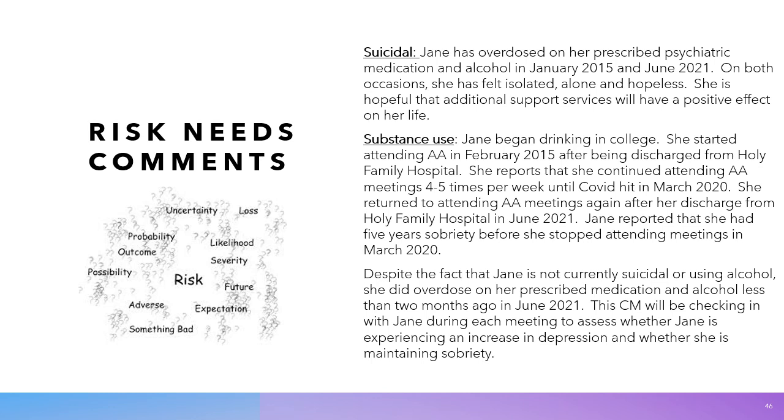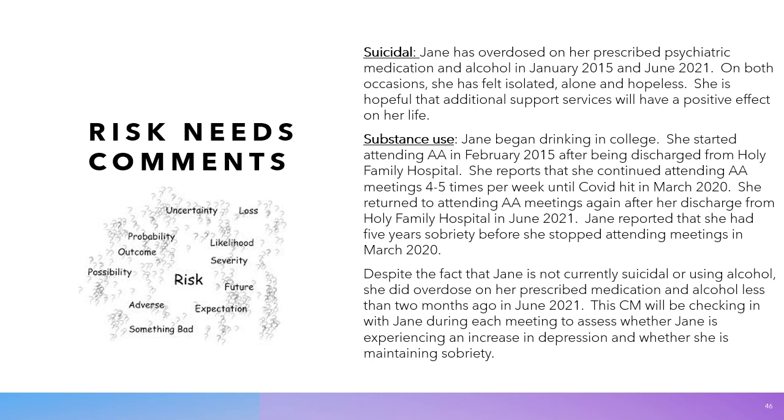Jane reported that she had 5 years sobriety before she stopped attending meetings in March 2020. Despite the fact that Jane is not currently suicidal or using alcohol, she did overdose on her prescribed medications and alcohol less than 2 months ago in June 2021.